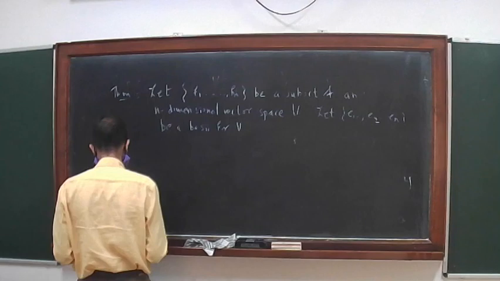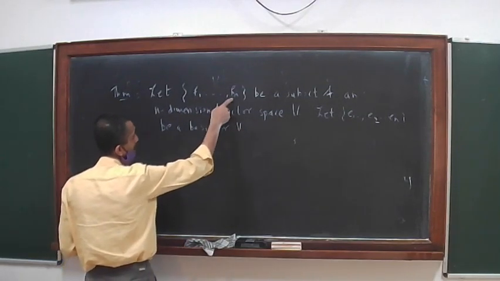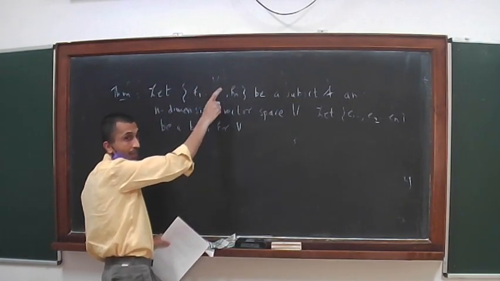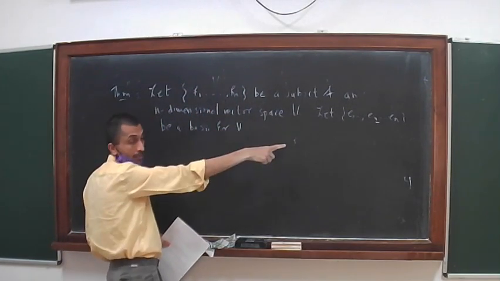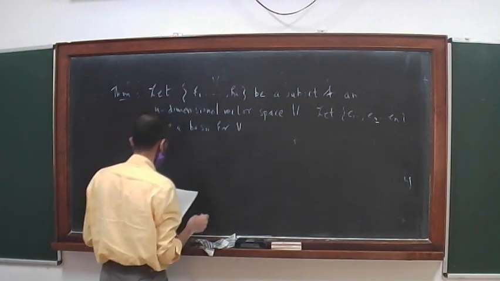Okay, so in this particular case, since the Fi are a subset of V, you can express every element of this set in terms of the basis vectors because these are all elements of V, right?